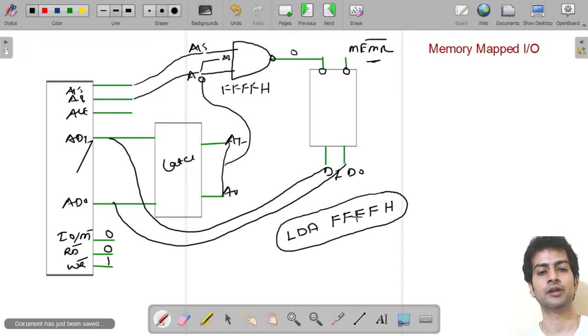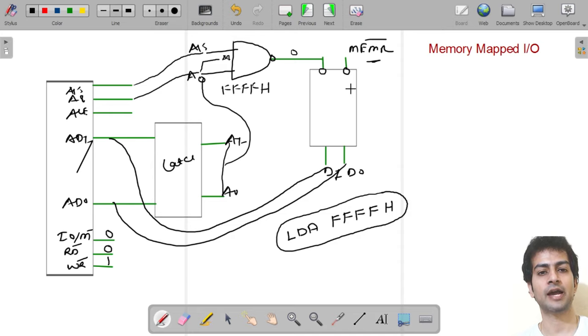So if we input this instruction, the microprocessor first generates the 16-bit address, and then knows it has to communicate with a memory, so it will generate a memory read control signal.